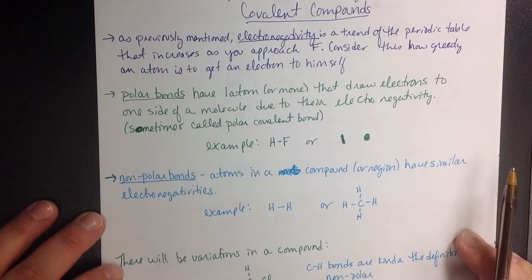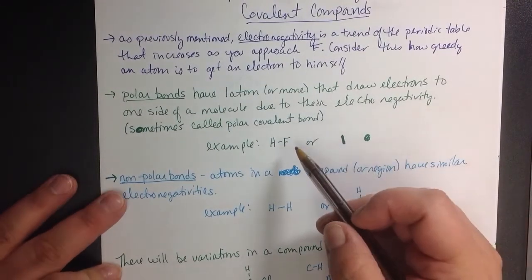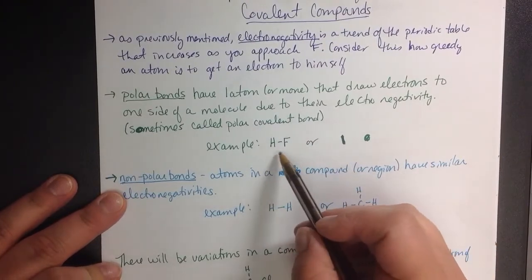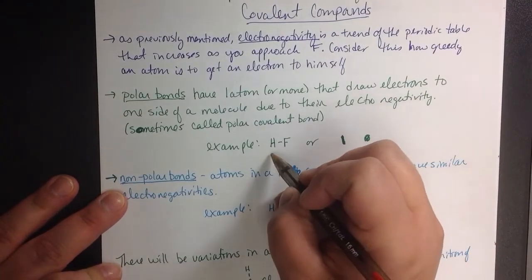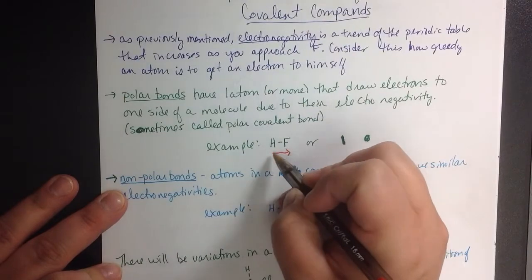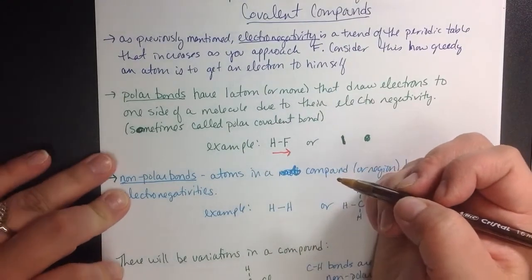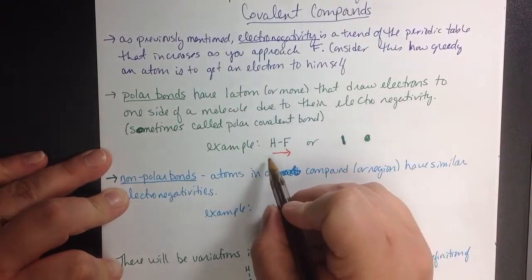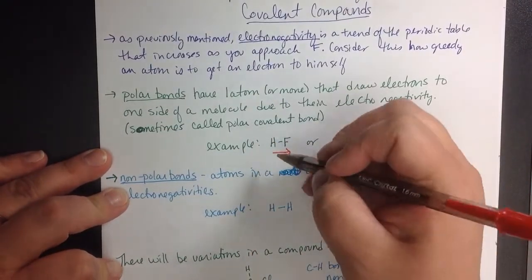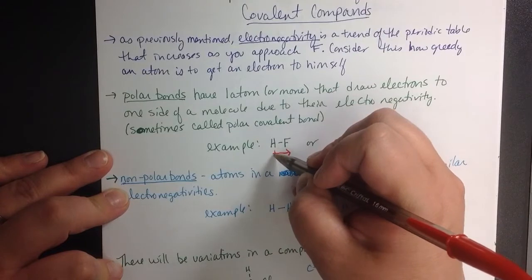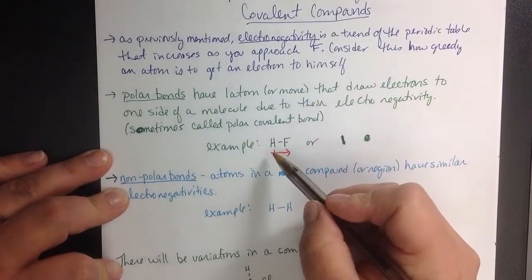in a molecule. So if you have a polar bond, you might have something like HF, but fluorine's going to pull electrons towards himself. And we actually draw something like this. We say that the electrons go that way, and it leaves behind a little bit of a positive charge on that hydrogen.